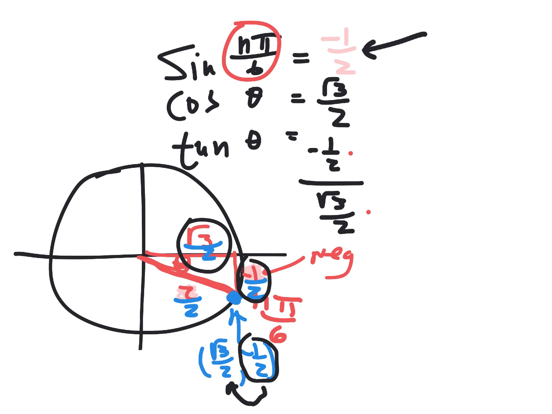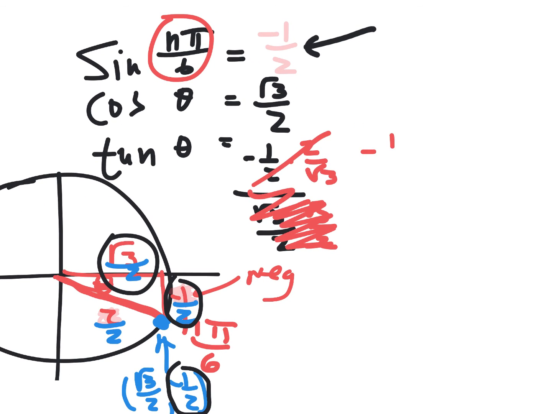Timesing by, flip this over, root 3 over 2. And I've changed that problem into that. No, I didn't flip it, darn it. It's 2 over root 3. And then those cancel, and the answer was negative 1 over root 3.